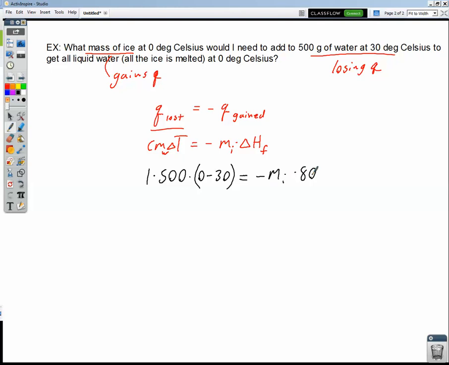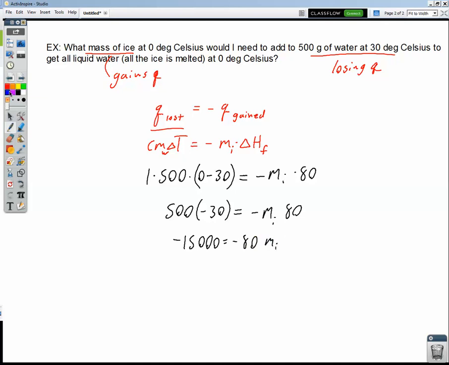And so now, simplifying here, we've got 500 times negative 30 on the left, and we have the negative m_i times 80 on the right. So we're going to want to solve for m_i. 500 times 30 gives us 15,000, so we have negative 15,000 is equal to negative 80 times the mass of the ice.